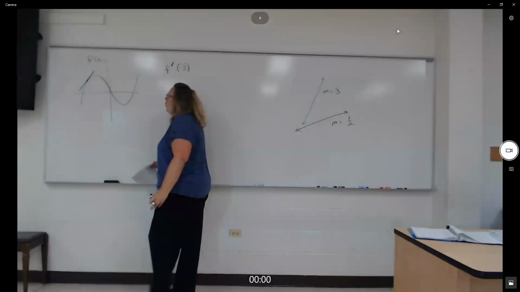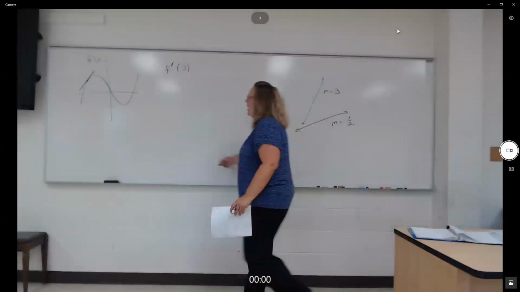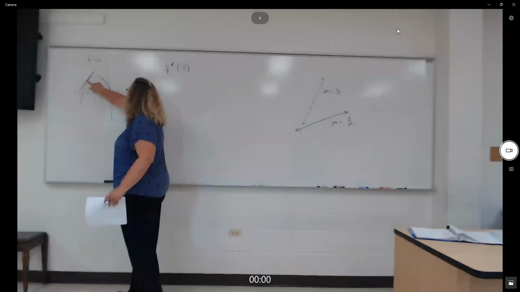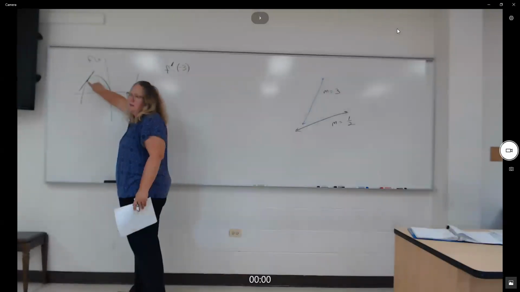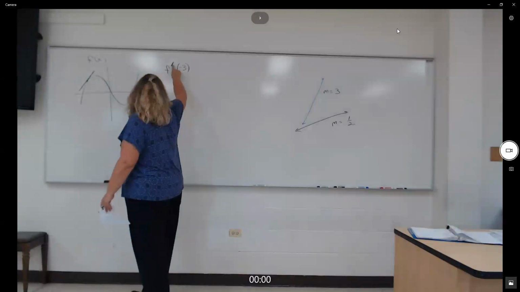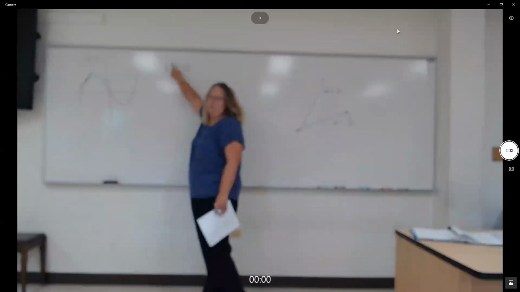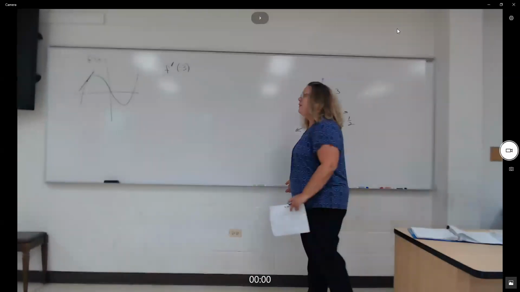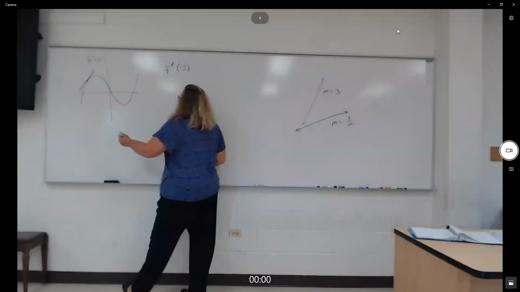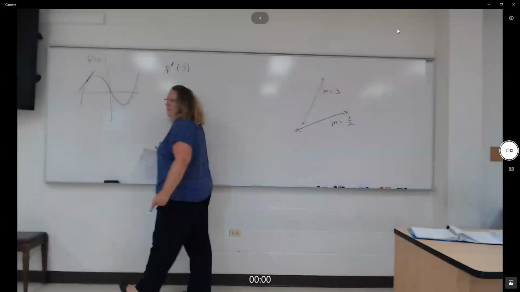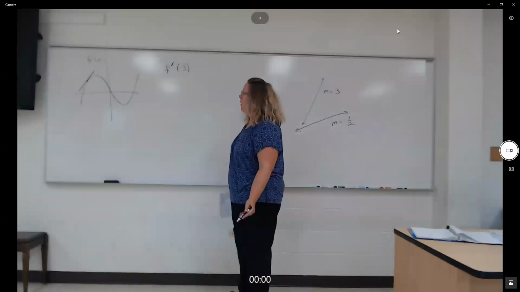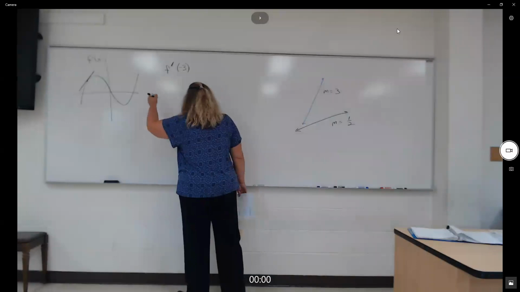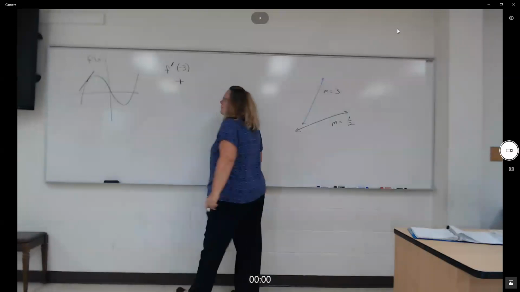The slope of that line is the slope at that point, and that is what the derivative is asking for. I think for this problem, all we have to do is decide, is that positive or negative? Well, it's a line that rises up the page, so it is positive.